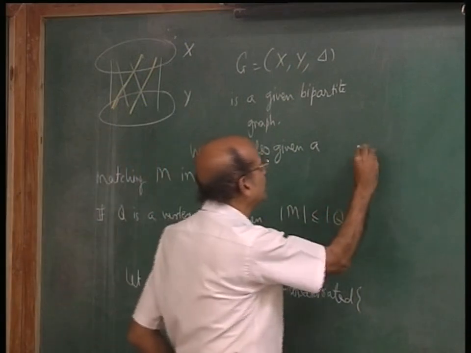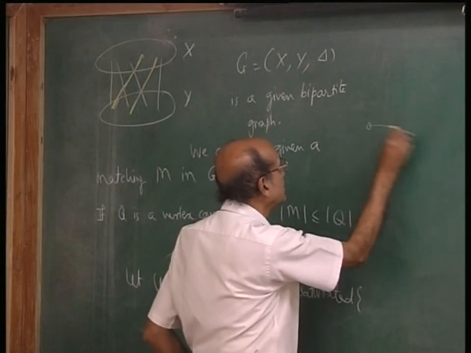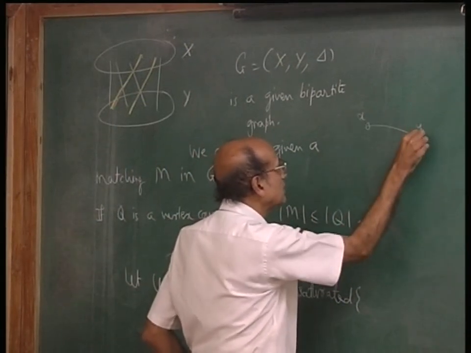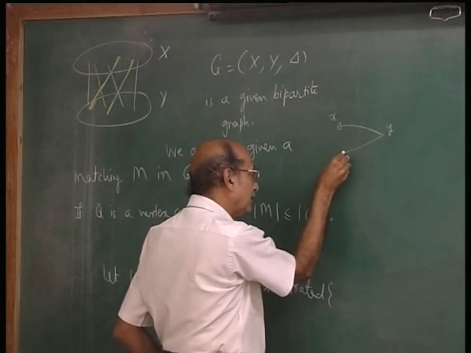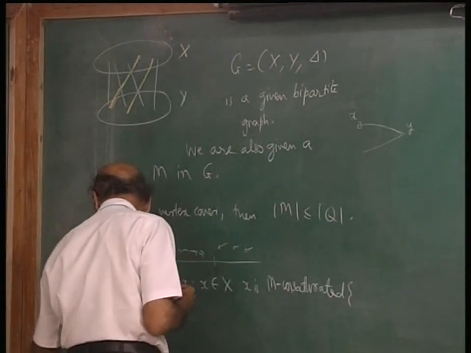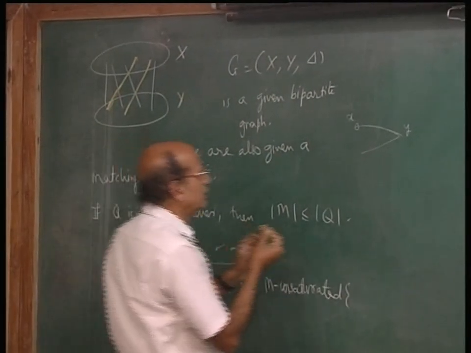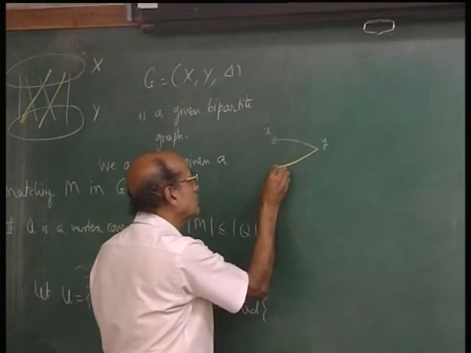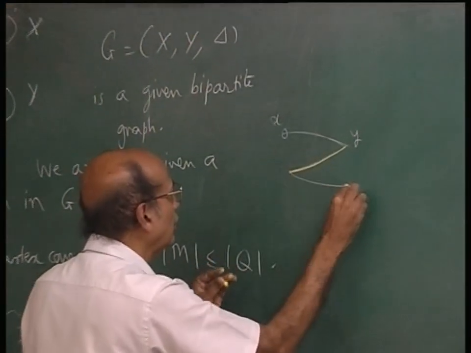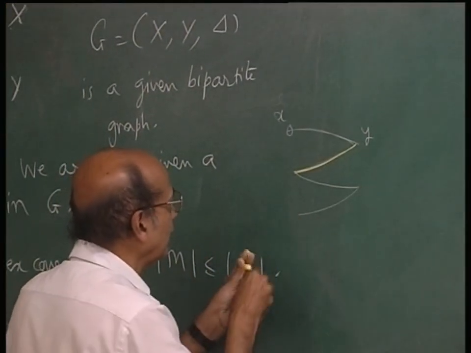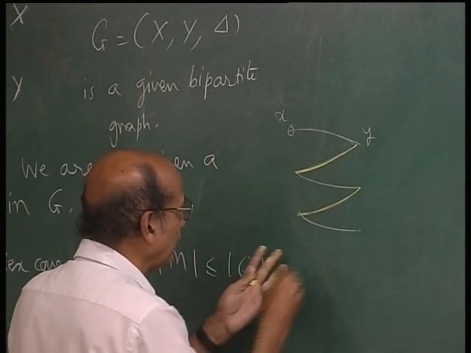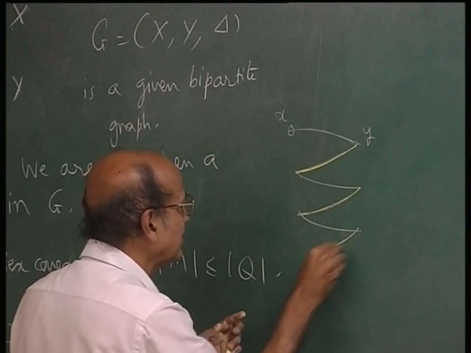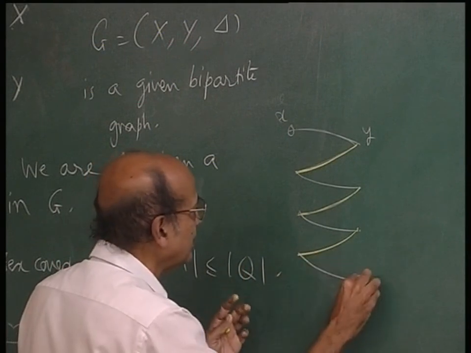An augmenting path is a path that starts with an edge not in the matching, then a backward arc in the matching, forward not in the matching, backward in the matching, and so on.